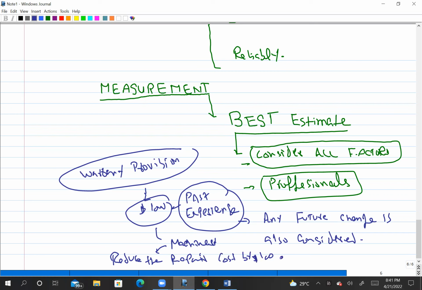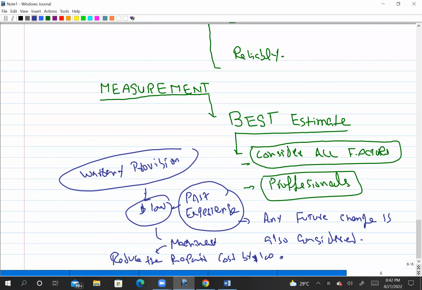So when I measure the provision, I will consider this future event, this future activity, that I will bring a new machine, which is certain, and I will use that machine to repair the mobile phones.